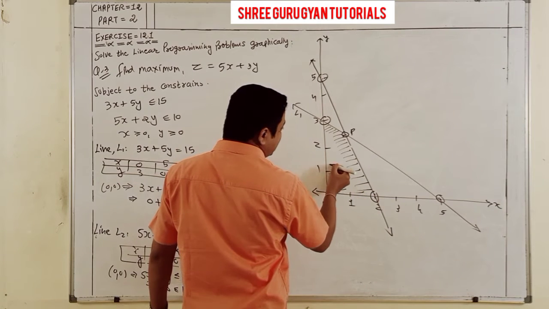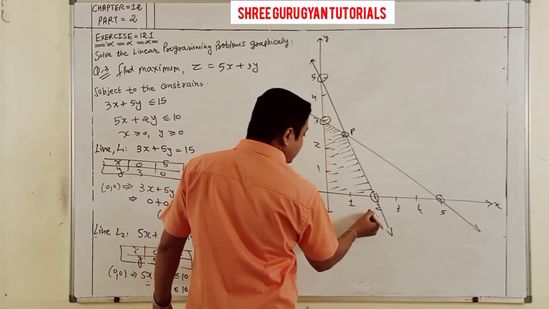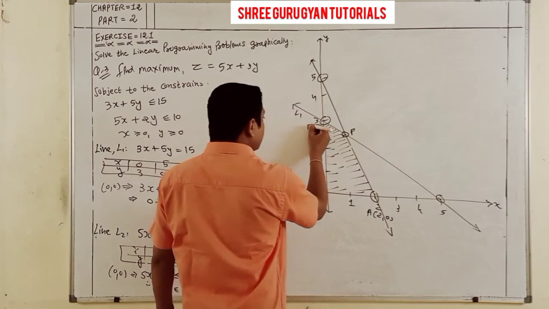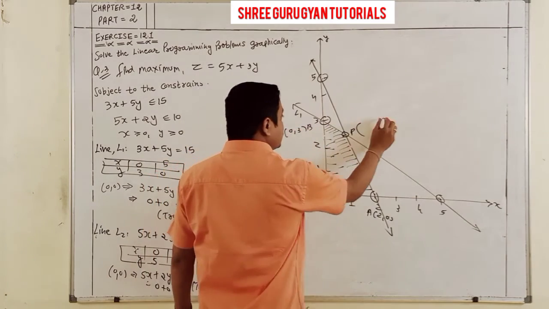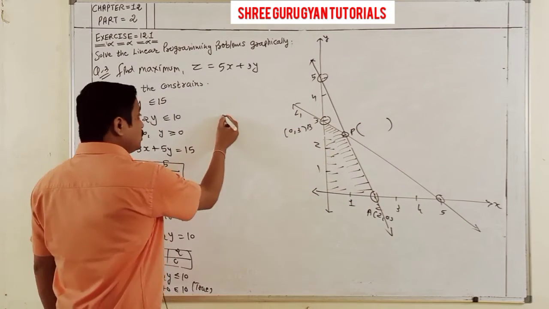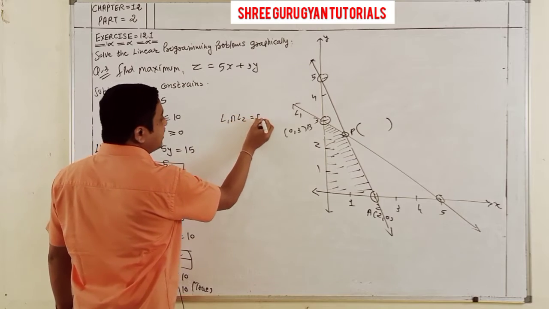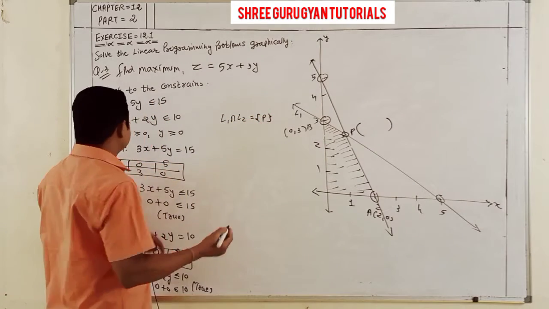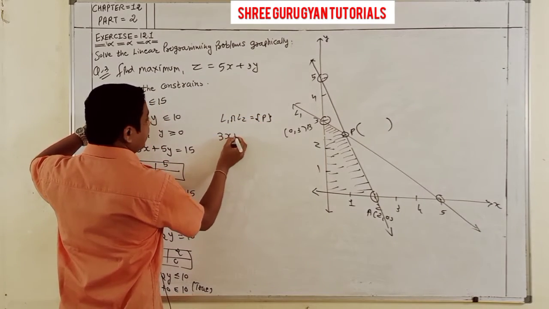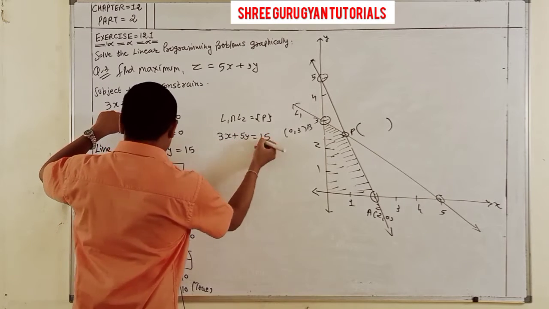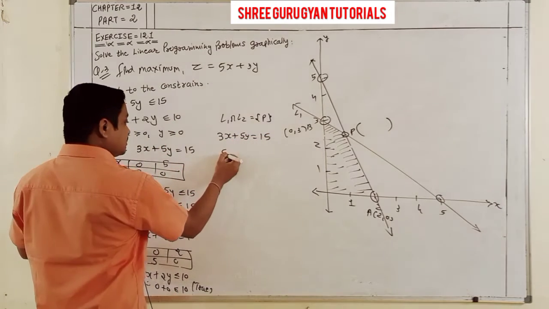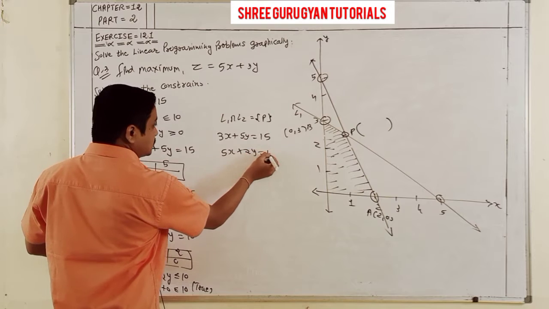Very easily your answer: A is (2, 0), B is (0, 3), and P, the intersection of L1 and L2, you will decide by the common intersection between 3x plus 5y is equal to 15 and second 5x plus 2y is equal to 10.